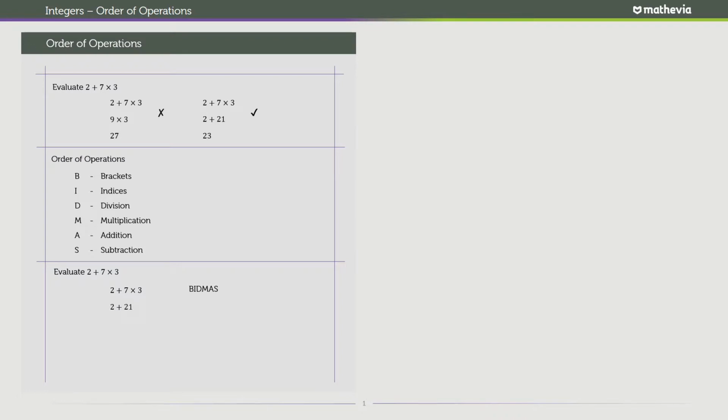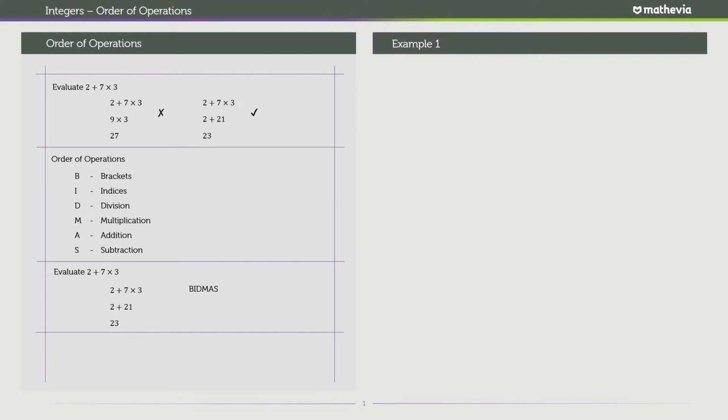You work the multiplication, end up with 21, then addition, and you end up with a final answer of 23. That's pretty much what we'll be learning in this lesson. Let's go ahead and do a few examples.